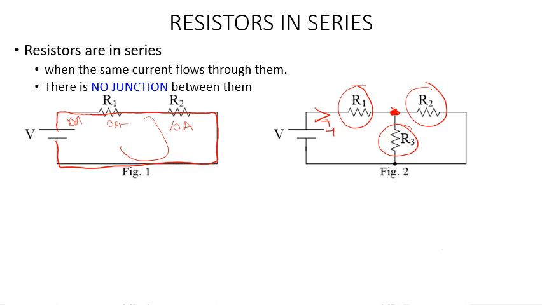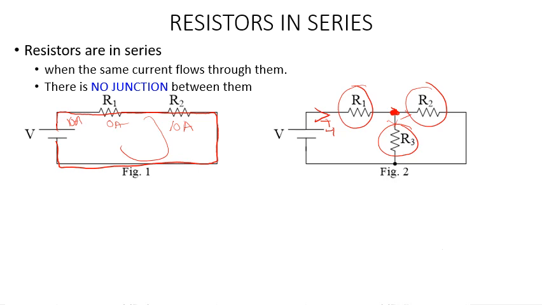When I1 gets to this junction, it will split up. Some will come here, some will come here. So none of these resistors in this circuit are in series. This was just an example I wanted you to understand.